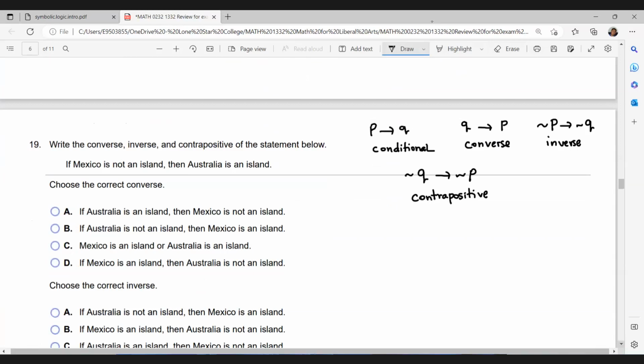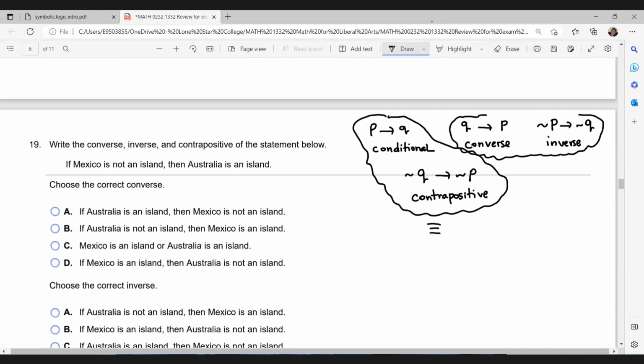The thing about it is that the conditional and the contrapositive are equivalent statements. And it also happens that the converse and the inverse of a conditional happen to also be equivalent.